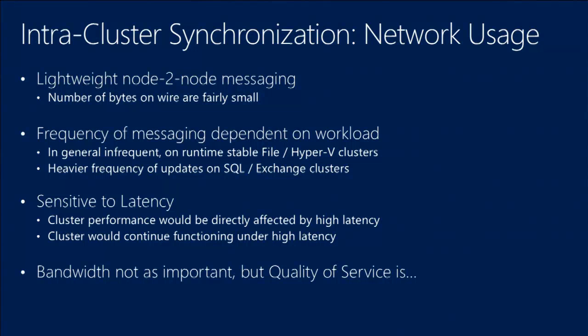Again, because it's lightweight, bandwidth's not really a factor, but quality of service is. It's about ensuring it reaches the other nodes fast and is acknowledged by them fast. Let's say you deploy a stretch cluster, so now I have my nodes across the WAN, and the WAN has a latency. Because the state is replicated and all nodes have to acknowledge, the cluster would run at the slowest speed of the WAN link.